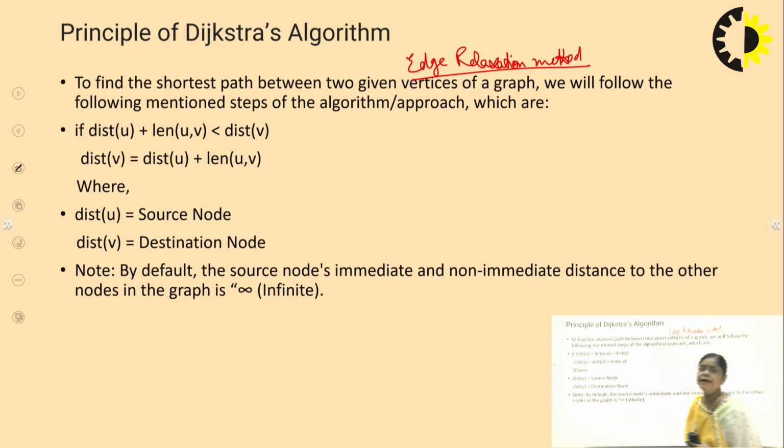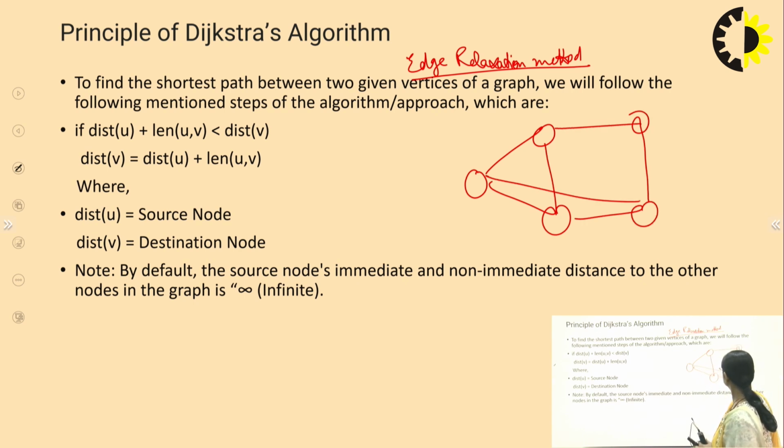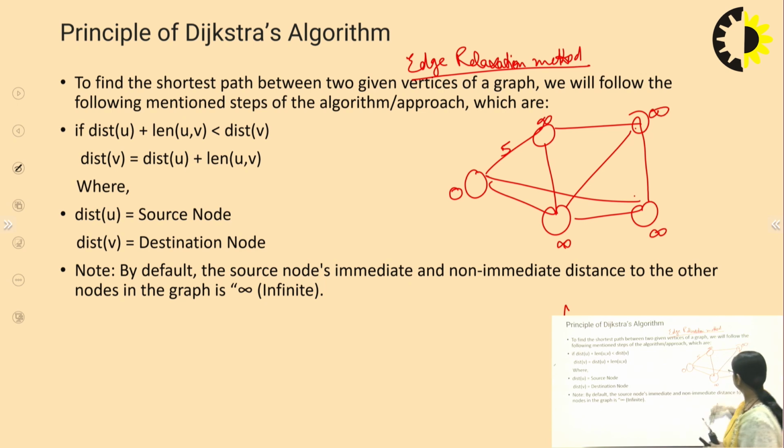This is also called the edge relaxation method, right? When we are talking about this, let us suppose this is 0, this is 5, this is infinity, infinity, infinity, infinity, right? How is this working?